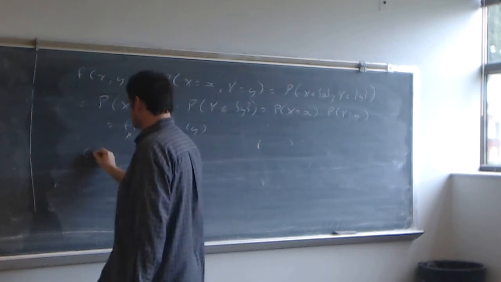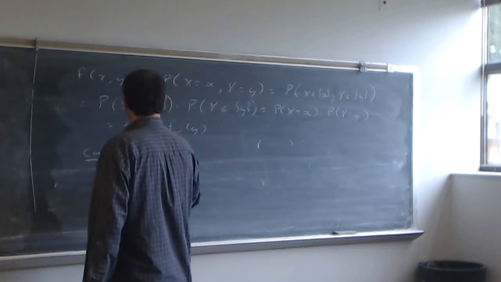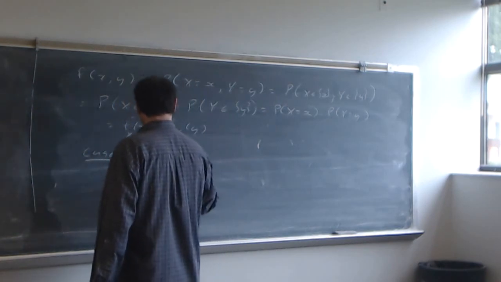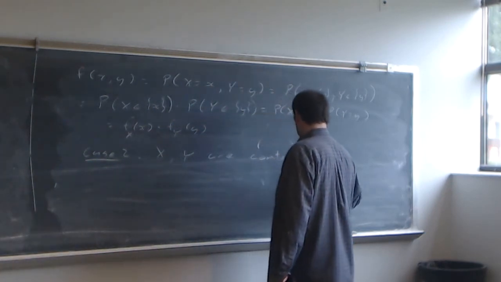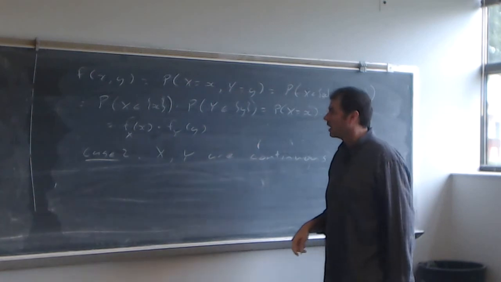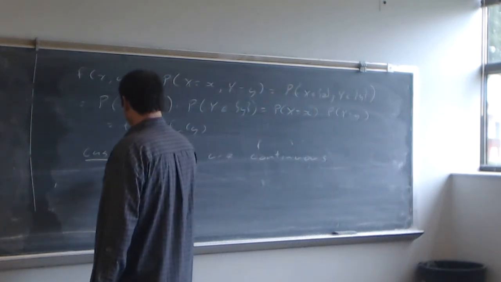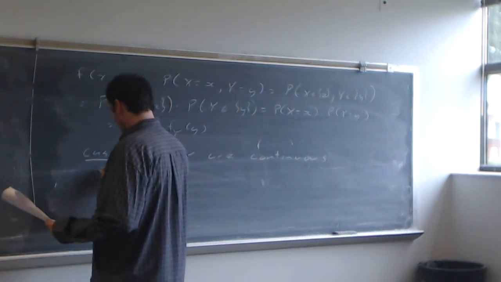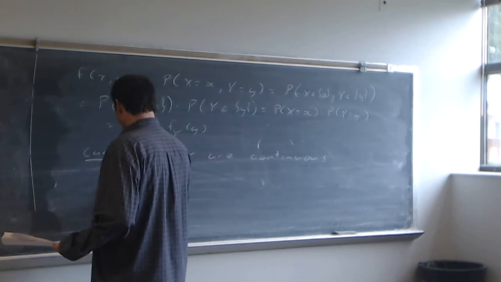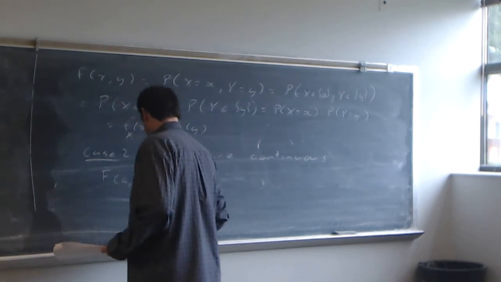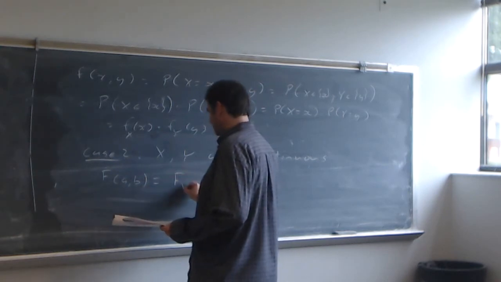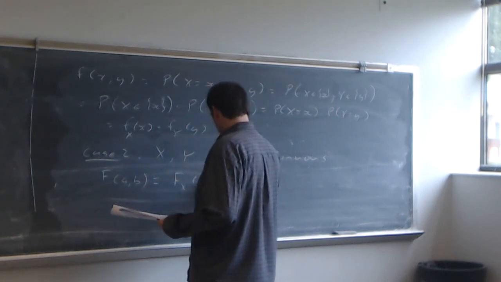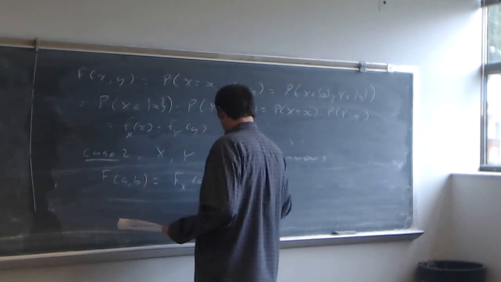Case two: here X and Y are jointly continuous. Okay, that's what we're thinking about. Then in this case, we notice that F(a, b), so we use that alternative definition, is equal to F sub X of a times F sub Y of b.